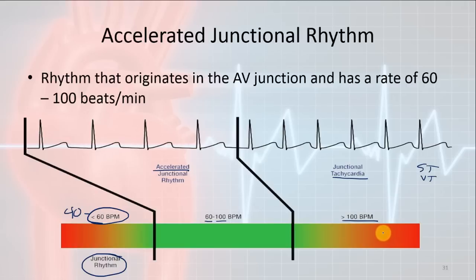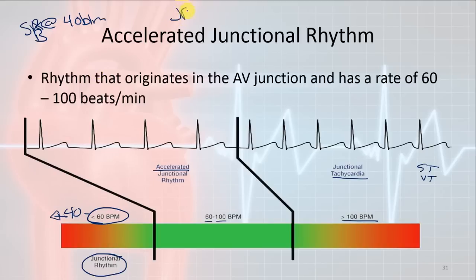One rhythm it does not talk about on here is what happens if you have a junctional rhythm that is less than 40 beats a minute. Any rhythm that occurs less than its intrinsic rate is considered bradycardia. So if you have a sinus rhythm at 40 beats per minute, technically that's not a sinus rhythm, that's a sinus bradycardia.